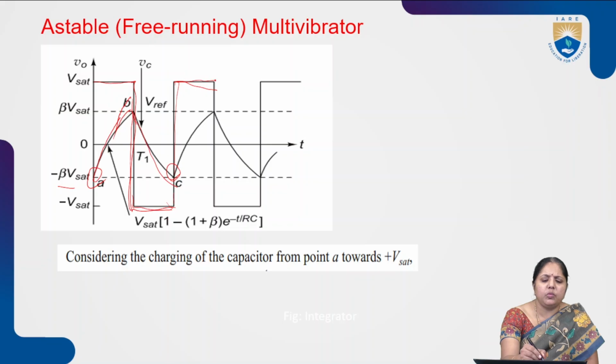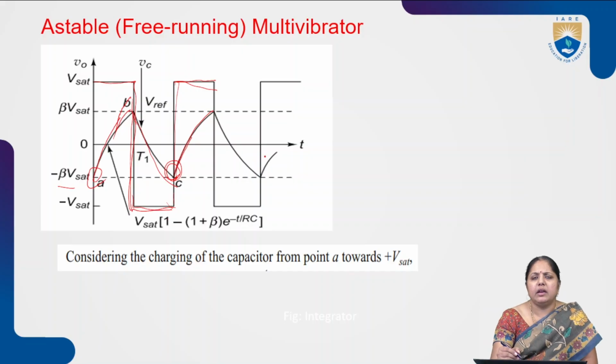So when the output voltage is plus Vsat, your capacitor will start charging again, from minus beta Vsat. Like this the cycle will be repeated. If you observe one point, we are not applying any external trigger pulse, nothing. Simply based on the capacitor charging period and discharging period itself, the complete square wave we are getting here.